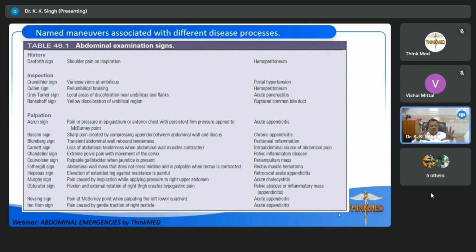I have given you a list so that you know there are many specific tests which are a part of abdominal examination, like Rovsing's sign. Pain at McBurney's point will make you suspect appendicitis, right? So these are the tests which give you a specific idea for a specific disease. You must go through them and try to remember as much as possible.